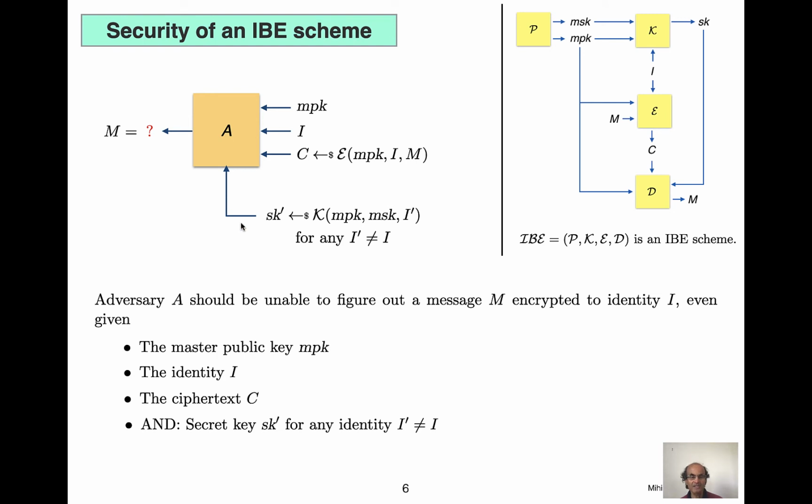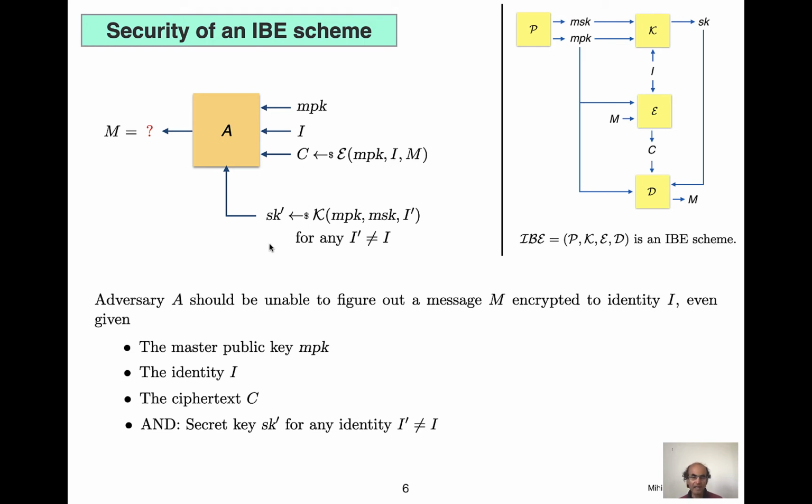Well, the definition says that if the adversary has or obtains the secret key corresponding to identities which are different from this target one, it should not help it in its task of recovering this message. So in fact, this is a much greater capability than we saw earlier, which is that the adversary can get the secret key for any identity different from the one that it's trying to attack here.